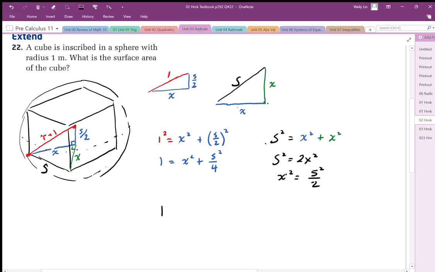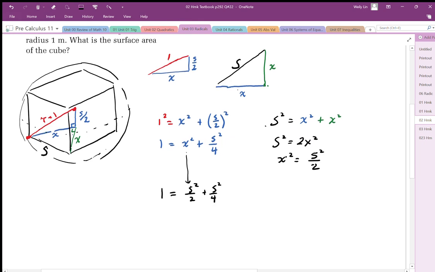I'm going to substitute the x squared in this equation. This now becomes s squared over 2 plus s squared over 4. And then I can just solve for the s squared. So I get 1 is equal to, this is going to be 2/4 plus 1/4, which is 3 over 4 s squared.